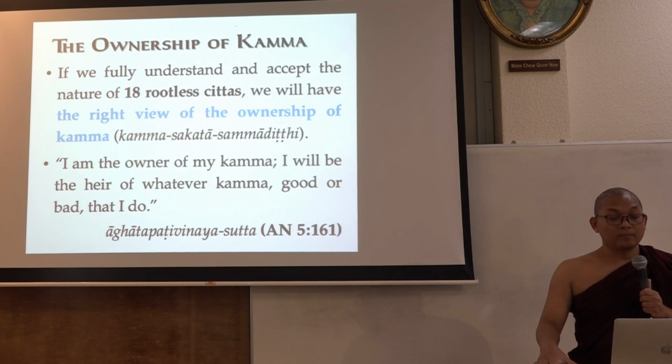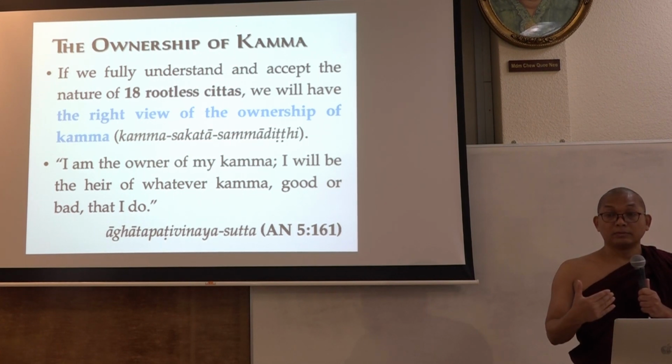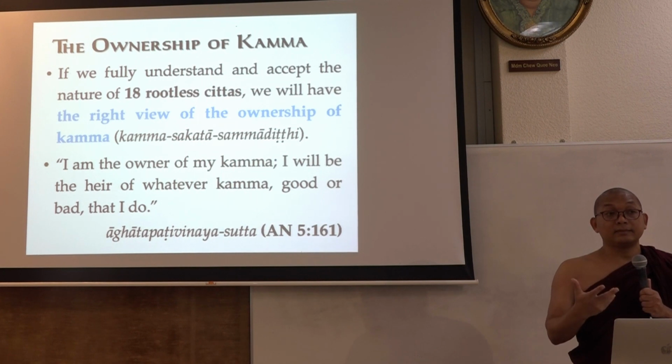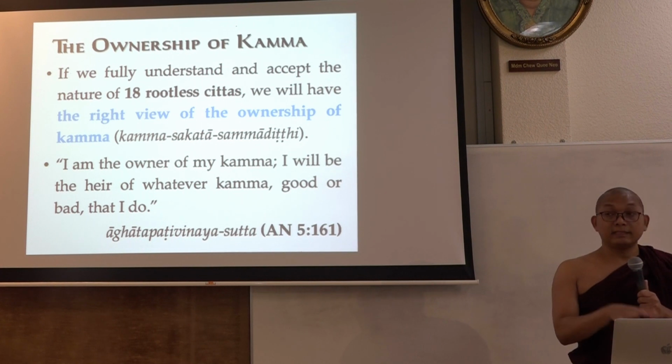This is a reflection on the ownership of karma. So if we know these results in our life arise because of our own karma, there's no way to blame other people, right? Or to blame yourself. Just understand the ownership of karma.